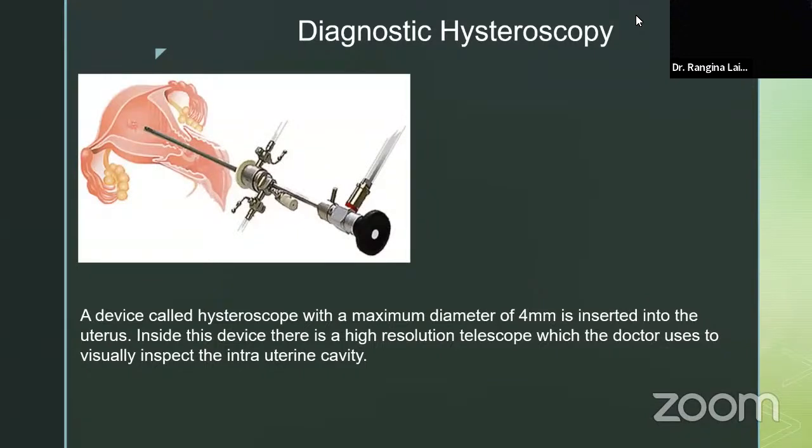It is very important to know your instrument: the inlet, the outlet, the scope, how to insert it, how to fit your instruments, how to fit your light source, and how to lock your instruments. Because I have seen in my career people who say, yes, I do hysteroscopy, but they don't know the parts of the hysteroscope. They don't know how to insert the scope. They don't know how to lock the scope.